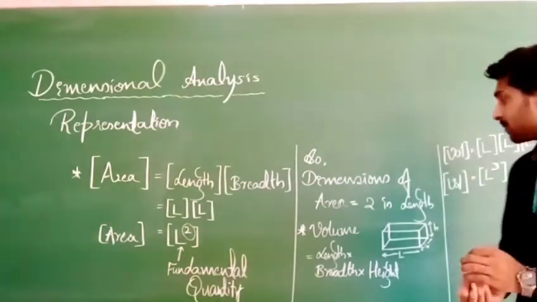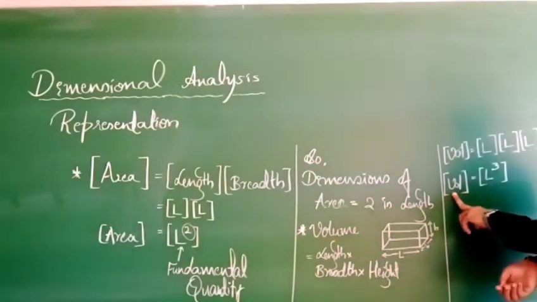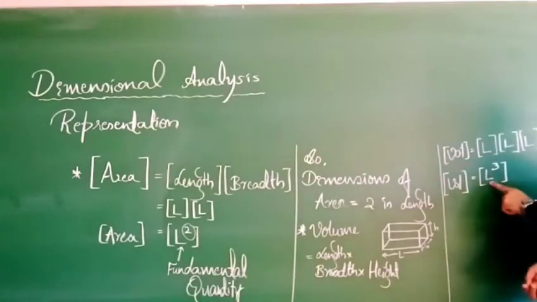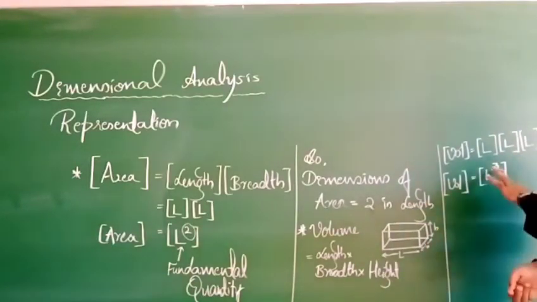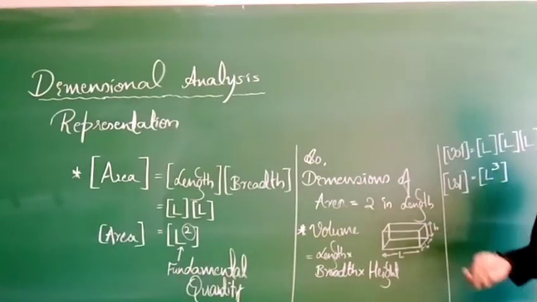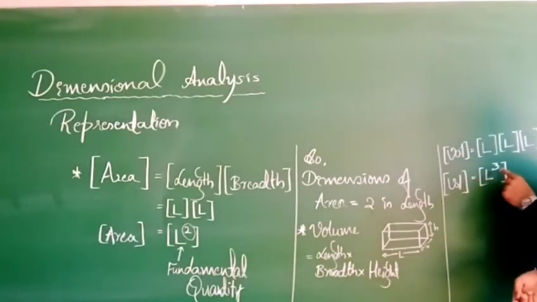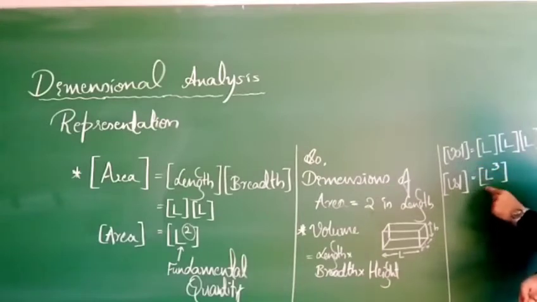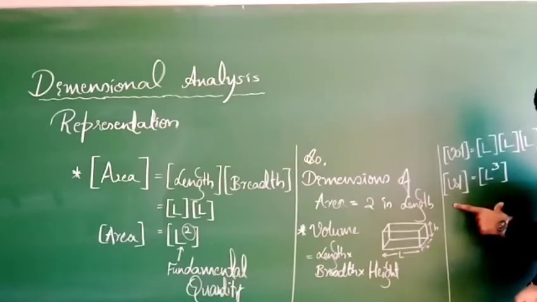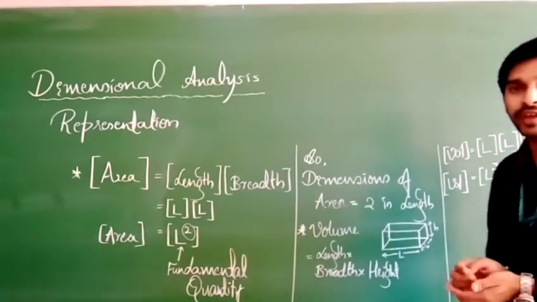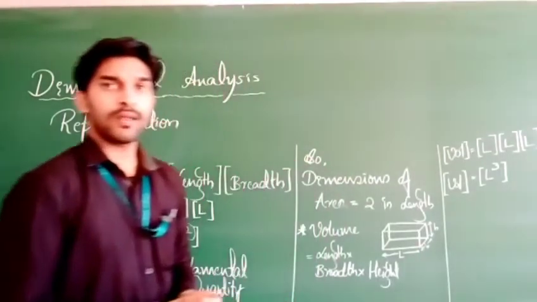In that manner. So dimensions of volume is 3 in length. Write the dimensional formula for volume means L to the power of plus 3, and this square bracket you should add. It indicates we are going to write dimensions for a physical quantity. Are you all following? Note it down.